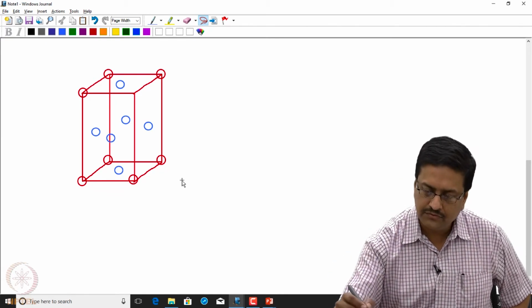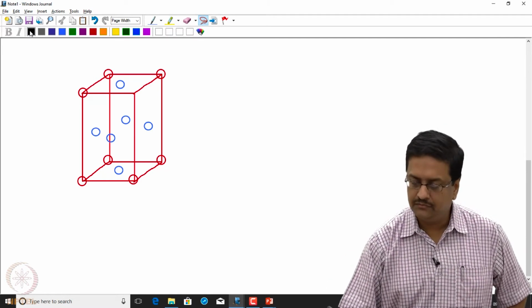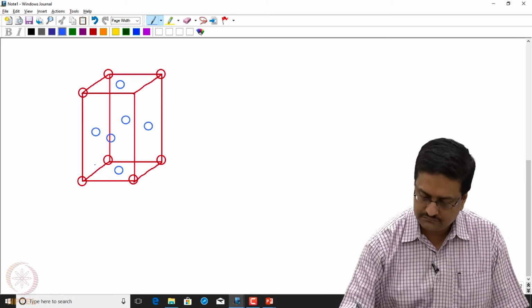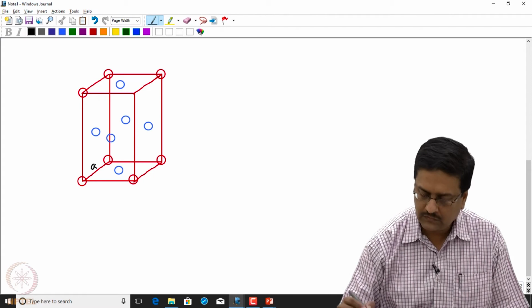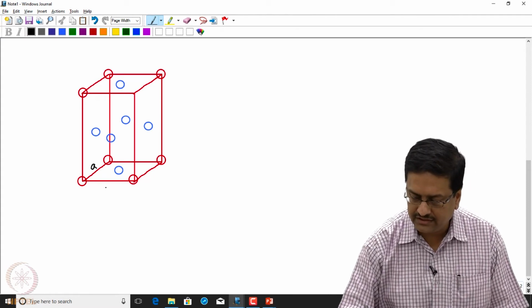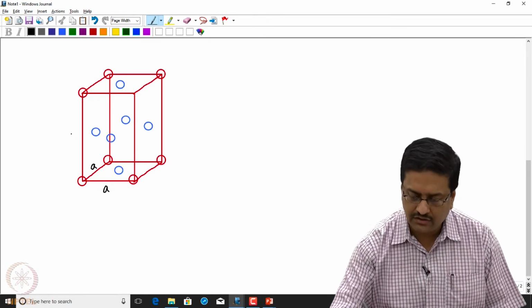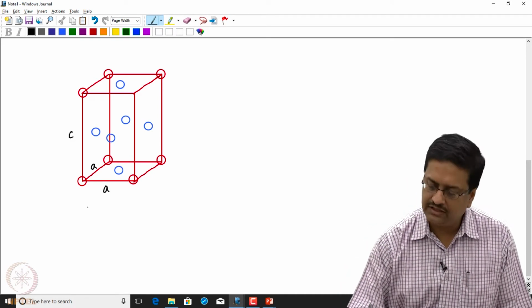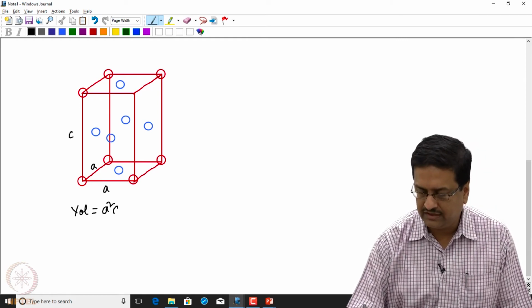Before we go further, let us determine the volume of this lattice. This is a. This other side is also a because it is tetragonal, a equal to b and not equal to c. So, the volume of this lattice that we have drawn is equal to a square c.